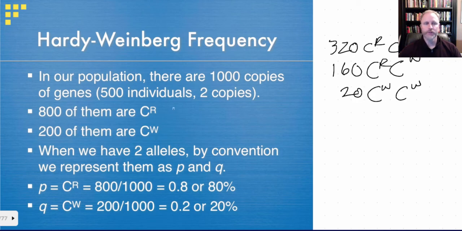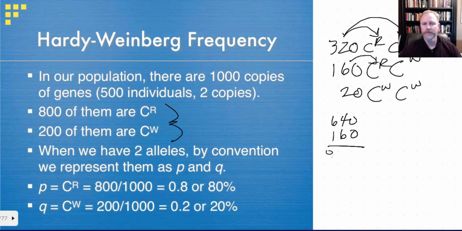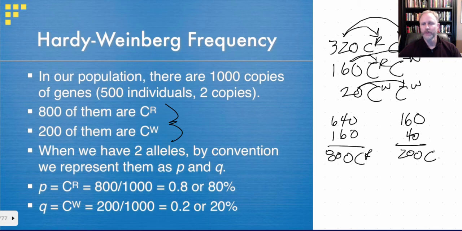Just so you can see where we get these numbers from, there's 320, 320 is 640, plus 160 gives us 800 C^R alleles. Then 160 plus 20 plus 20 is 40, which is where the 200 C^W comes from.